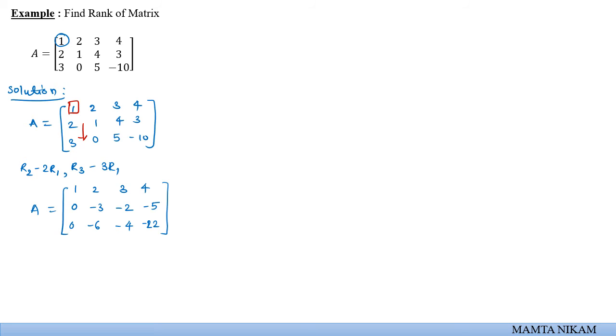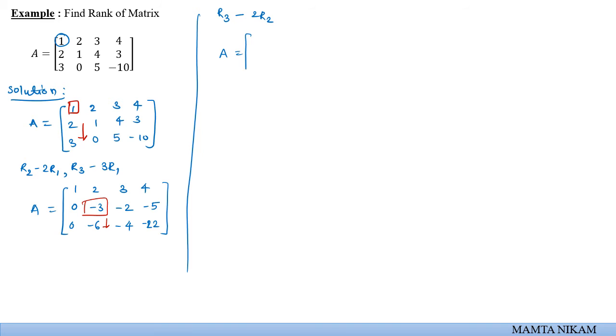Now all these terms turn out to be 0. Now we have to shift to the second row, second element, the first non-zero element of the second row, and make the element below it zero, meaning we have to make minus 6 zero. So what transformation can we perform? We can perform R3 minus 2R2.